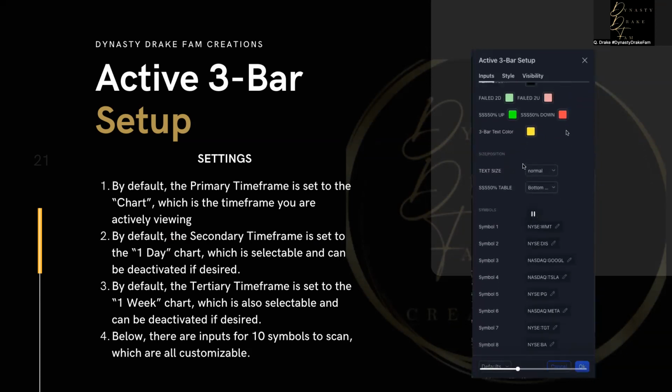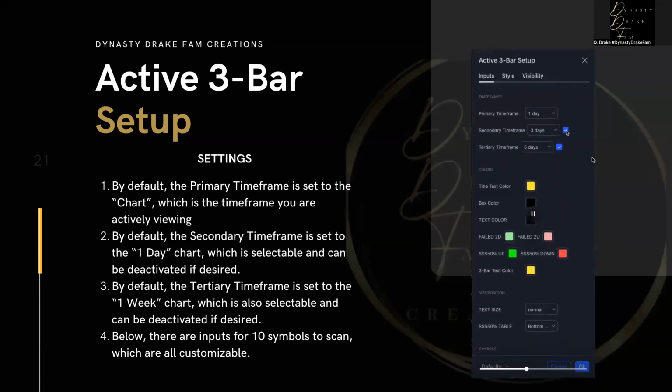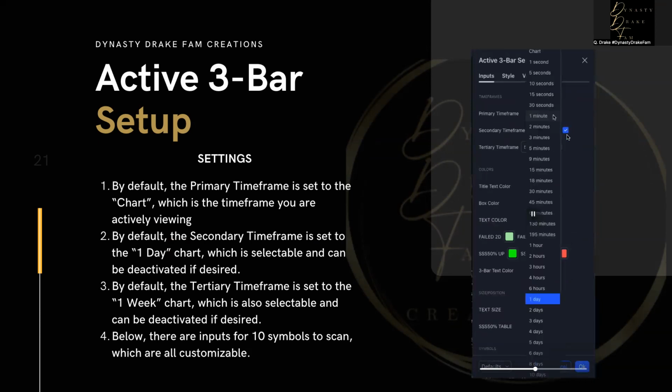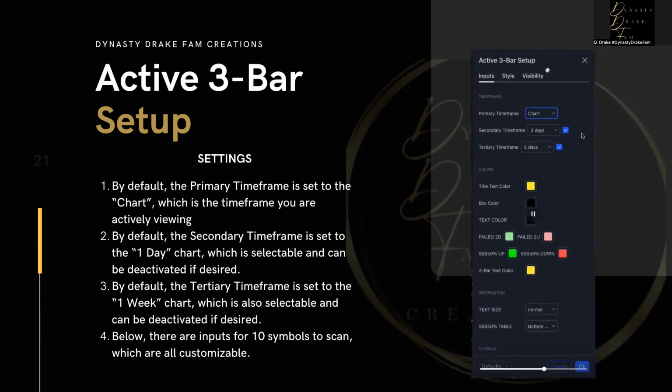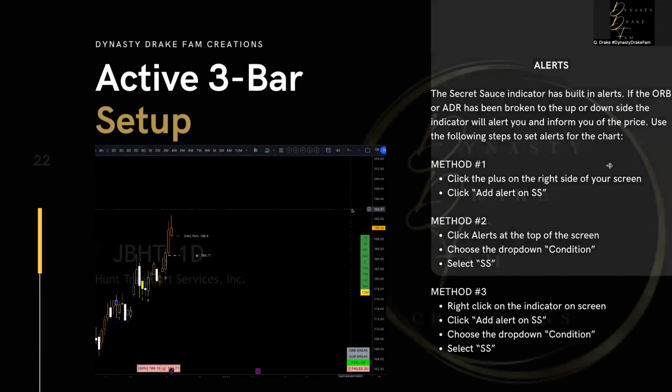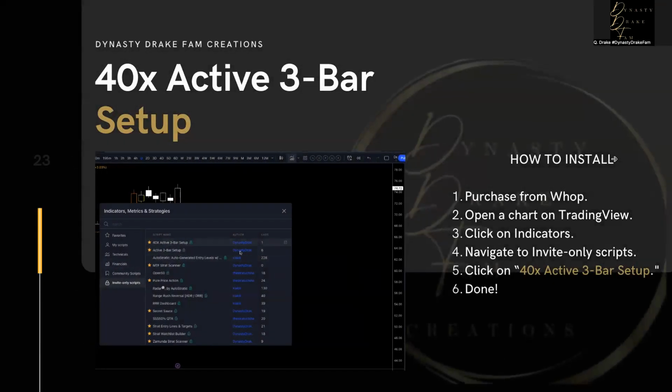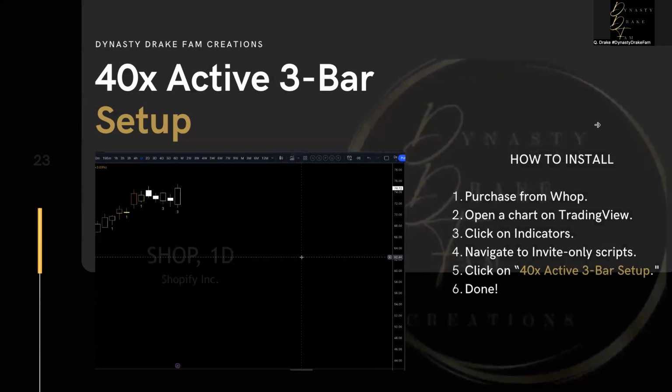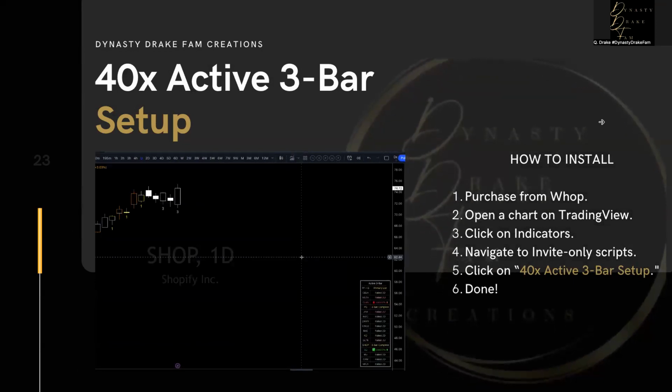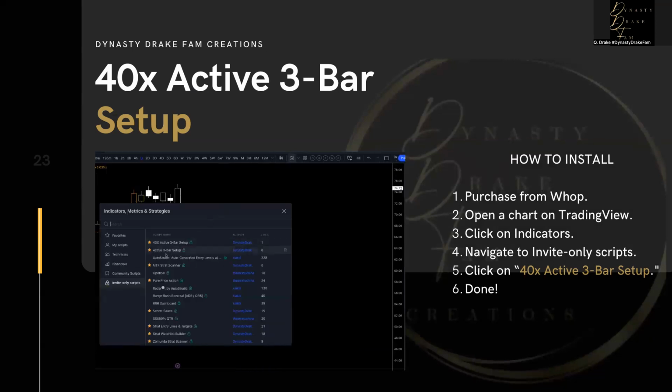If you don't want to see all 3 time frames, you only want to see one, then you can deselect those and it will only show that one time frame. Now, if you're going to do that, then I actually recommend moving from that one to the 40X active 3 bar setup, right? It only shows one time frame, but you can scan up to 40 tickers with this indicator.